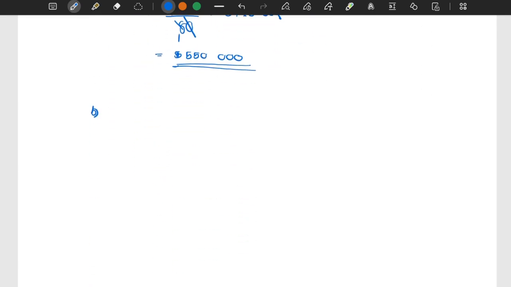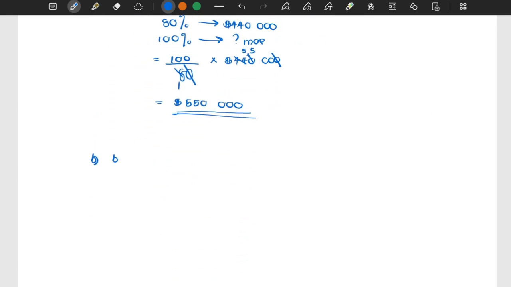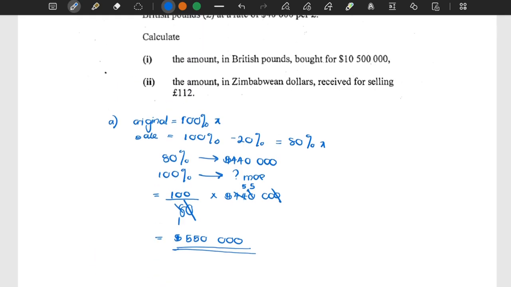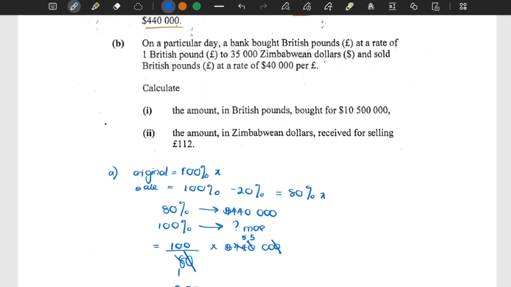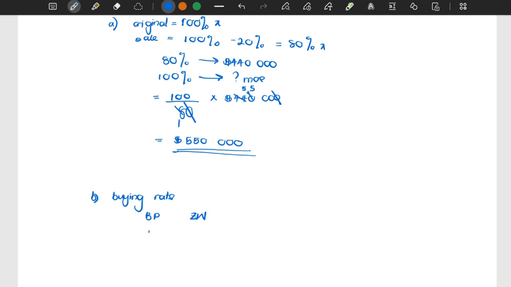Okay, so we have the buying rate with the British pound is to Zimbabwean dollar. So buying rate, 1 is to 35,000, right?